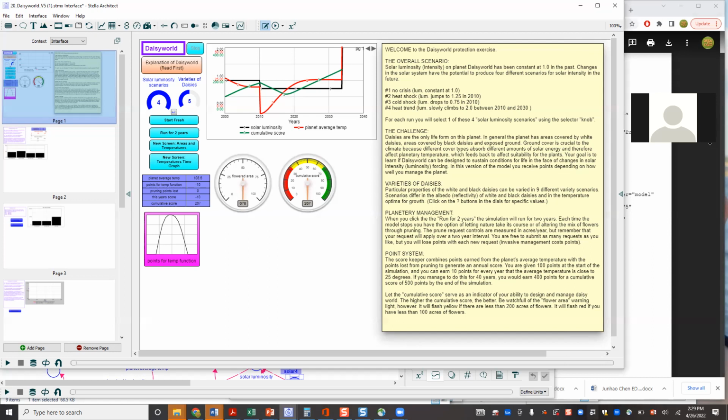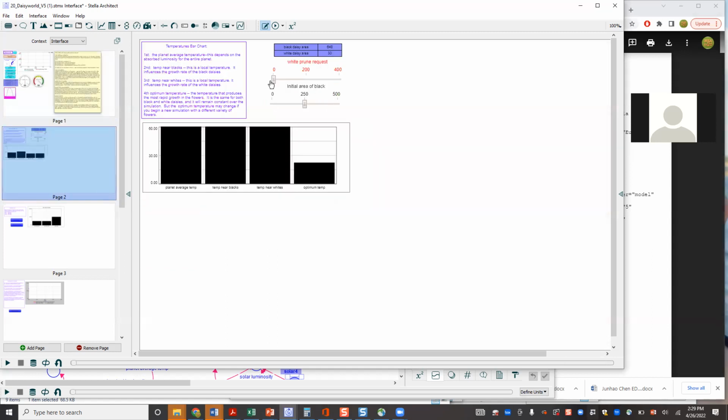So why don't you guys try pruning and see if you can get it better if you actually intervene in the system. Run the model, think through it, talk through it. The way you would prune it is you'd go in here, and at each point you can select a certain amount of pruning that you might do. So see if you can increase your score by interacting.